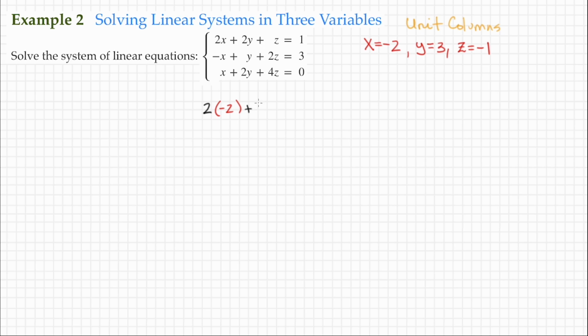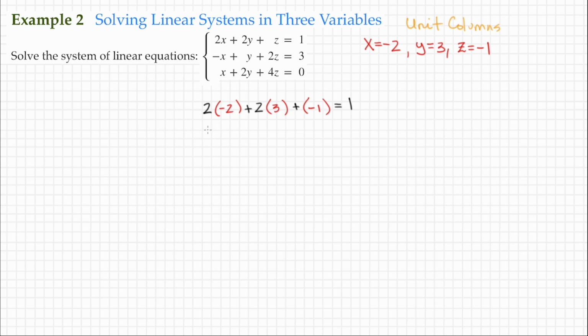Plus 2y, and y is 3. Plus z, and z, of course, is negative 1. And of course, all of that should equal 1. 2 times negative 2 is negative 4. 2 times 3 is 6. Negative 4 plus 6 is 2. And 2 minus 1 is 1. So it works for the first equation.